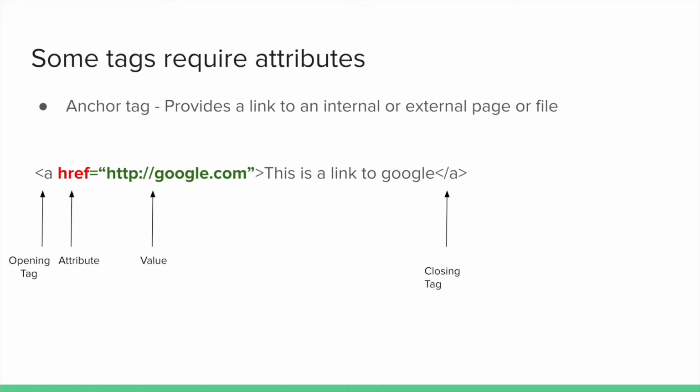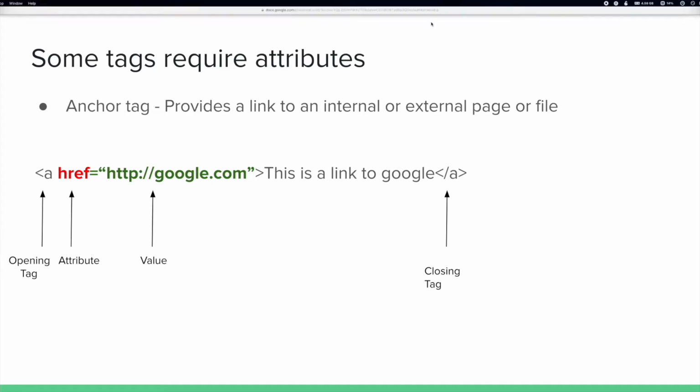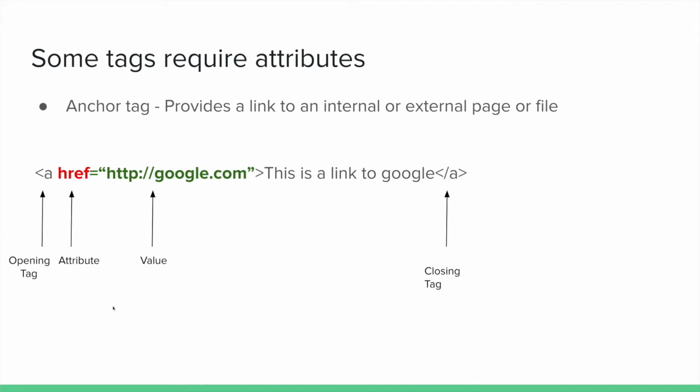So the first one we'll look at is what's called an anchor tag. Anchor tags provide links to internal or external pages or to files like PDFs, for example, if you were to link a PDF on your website. So you'll notice that we have an opening and closing tag. The A opens here and closes here. But what is an additional component to the anchor tag is both an attribute and a value.